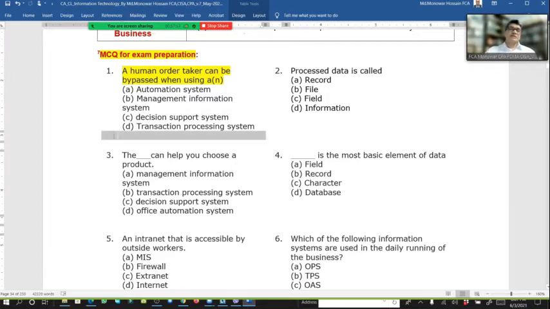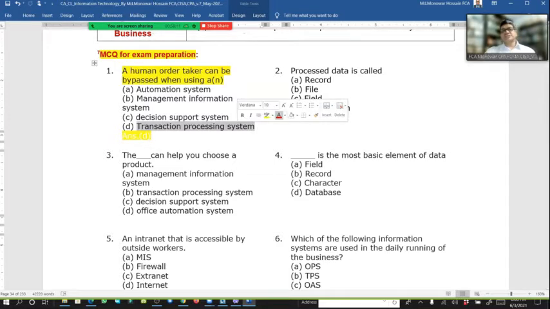Can someone volunteer? Automatic system. But the real answer is transaction processing system. A human order taker can be bypassed when using a transaction processing system. The answers are more or less similar, but the real answer is transaction processing system.